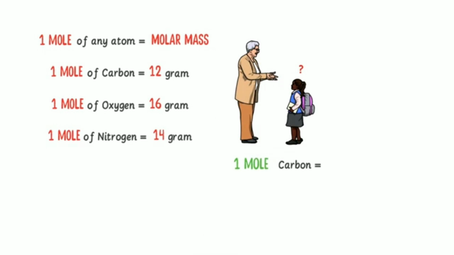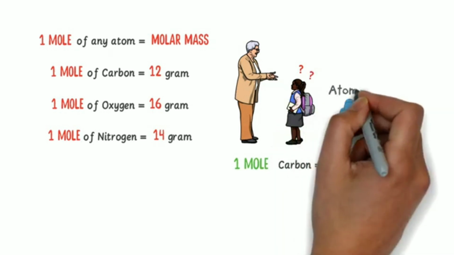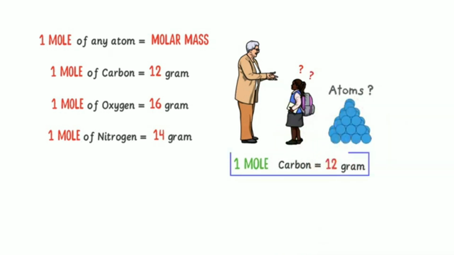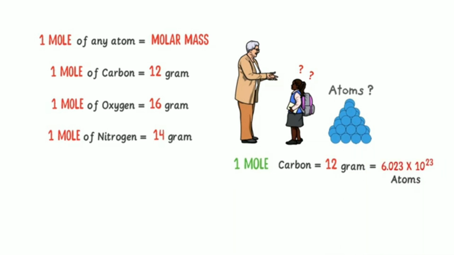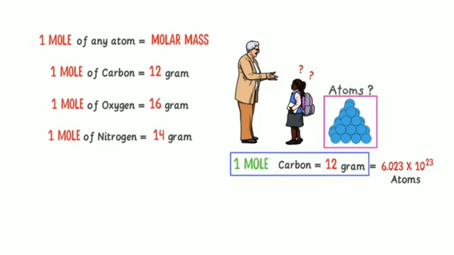You will definitely give me 12 grams of carbon, because the molar mass of carbon is 12 grams. If I again ask you how many atoms of carbon are there in 1 mole of carbon? Your answer is simple. There are 6.023 × 10^23 atoms of carbon, and this 1 mole is 12 grams of carbon.